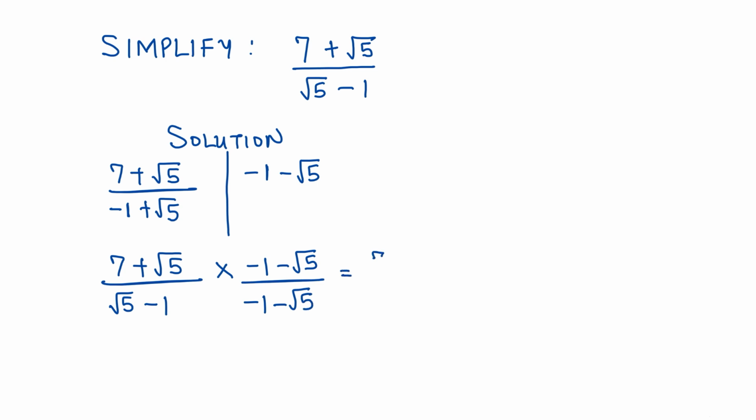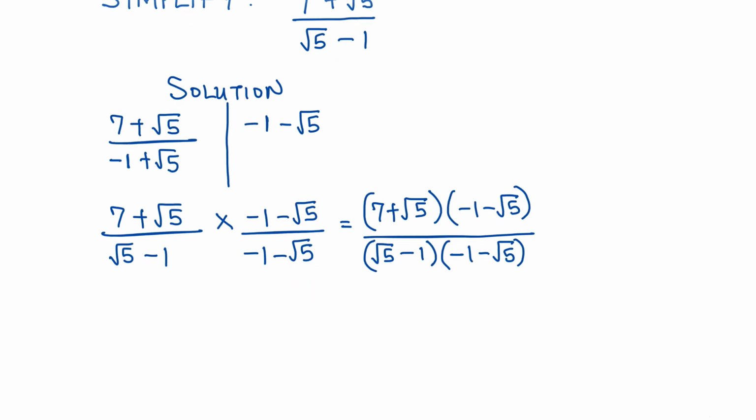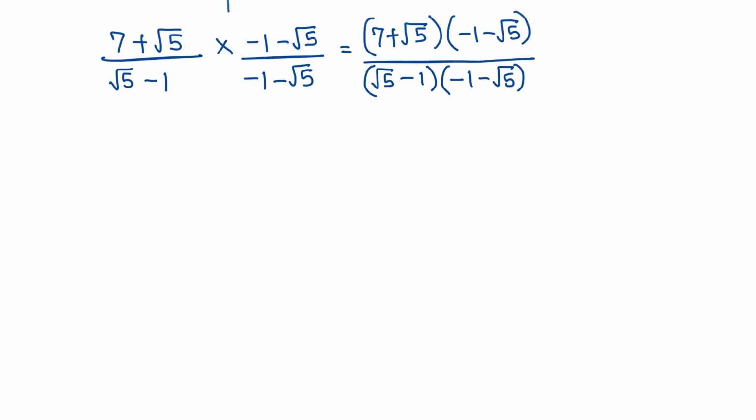That would give us 7 plus root 5 times minus 1 minus root 5, all over root 5 minus 1 multiplied by minus 1 minus root 5. At this point, all we have left to do is expand our brackets in order to simplify. Follow along with me as I do it.